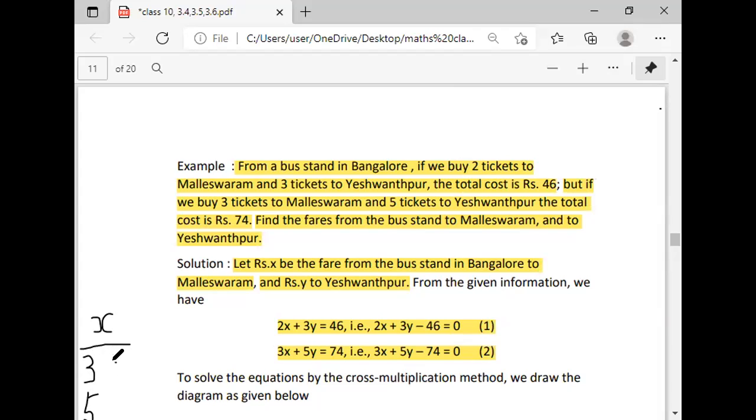Remember it is minus 46, not plus. Minus 46 minus 74. Then you can cross multiply it.